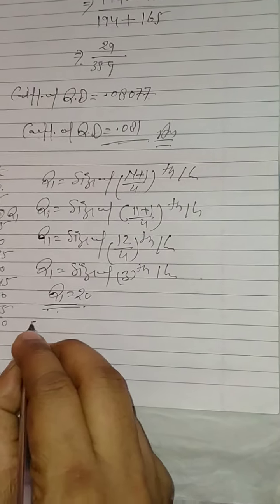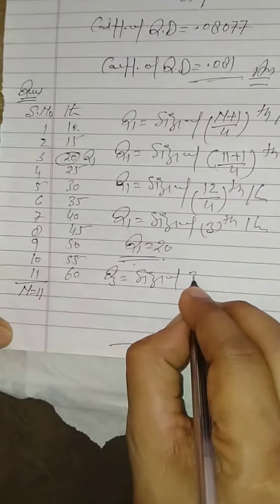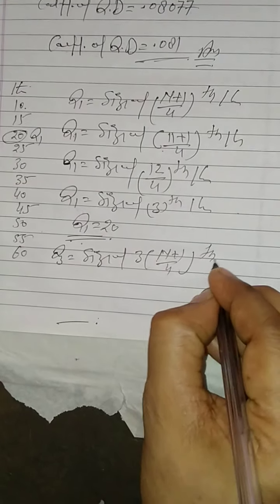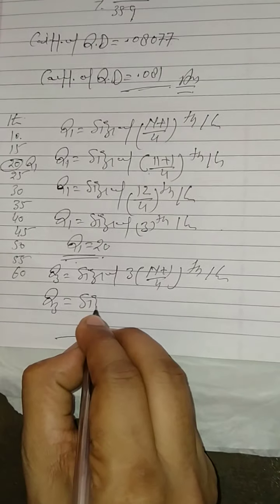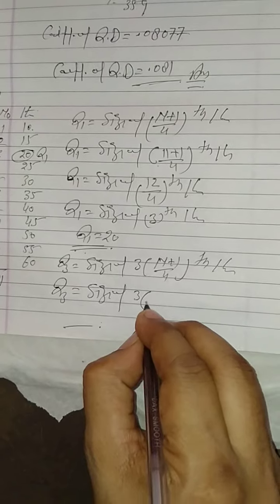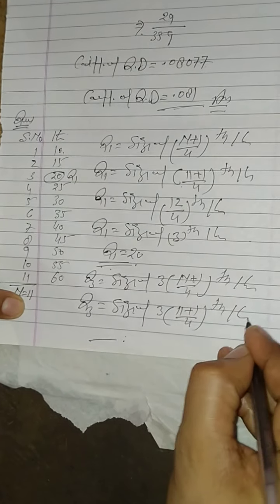After that we will find out Q3. The formula is size of 3(n plus 1) divided by 4th item. Q3 is equal to size of 3 times (11 plus 1) divided by 4th item.